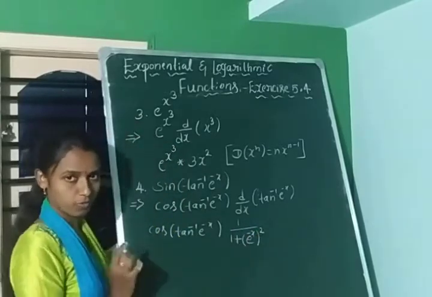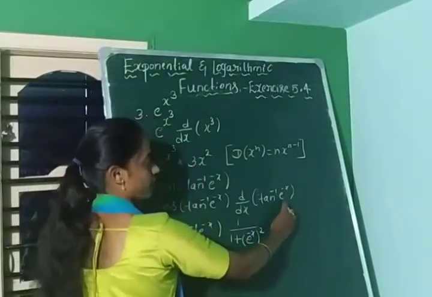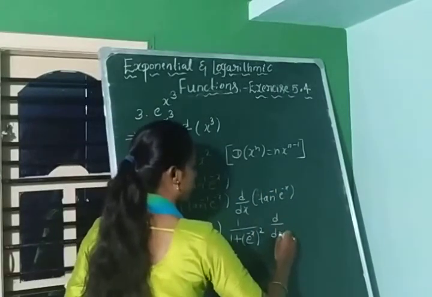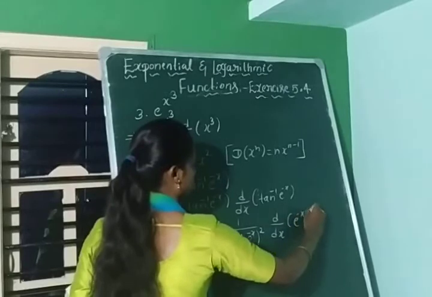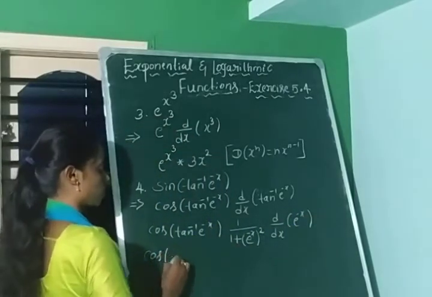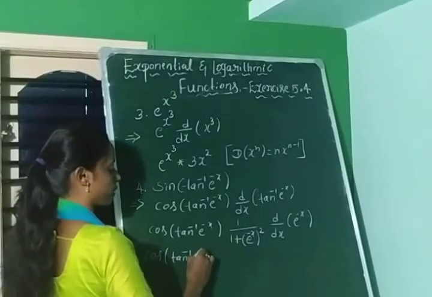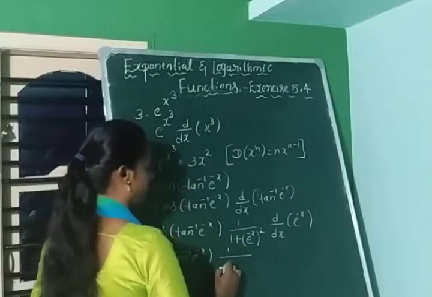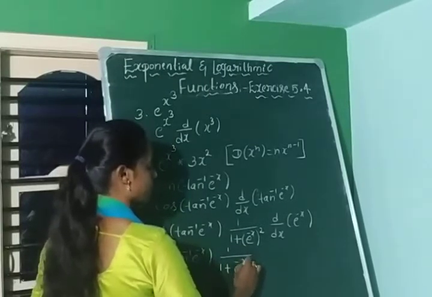This is the derivative of tan inverse. Instead of x, again the function is there, so you need to differentiate the exponential function again. Hope this is clear. So now this is cos of tan inverse of e power minus x into 1 divided by 1 plus e power minus 2x.